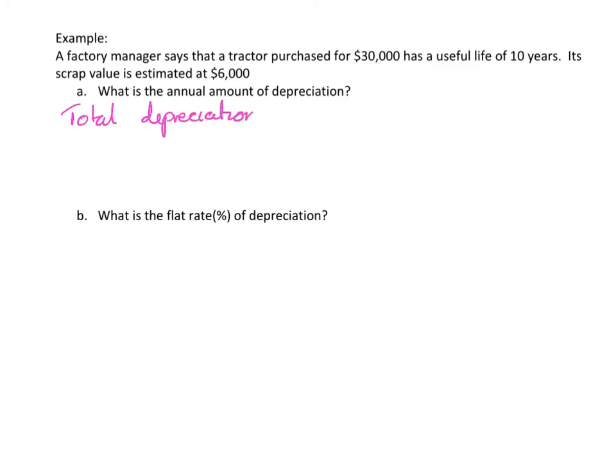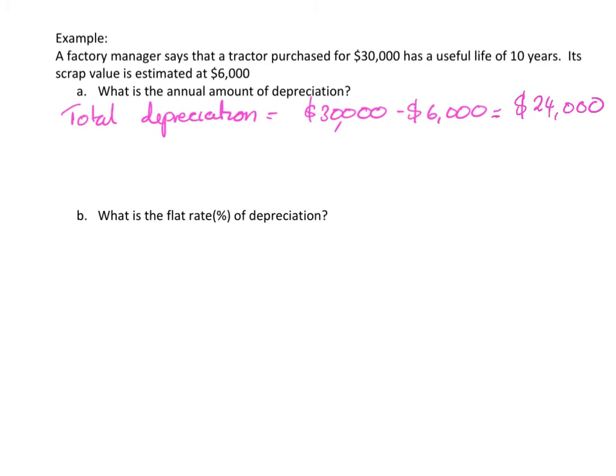And that's pretty easy because we know that it was $30,000. That was the purchase price. And in the end, it was only worth $6,000, which would mean that it had depreciated $24,000. So in 10 years, it's depreciated $24,000.